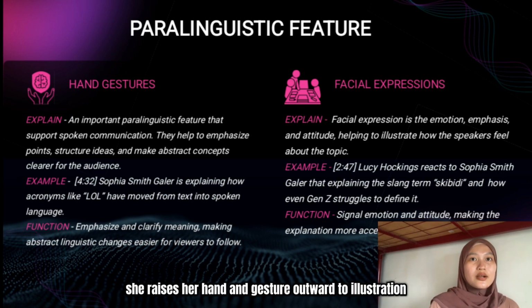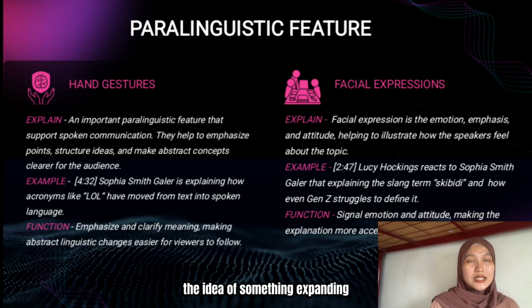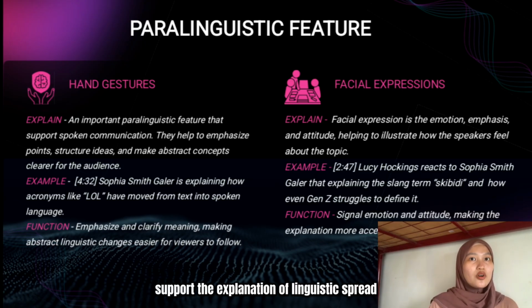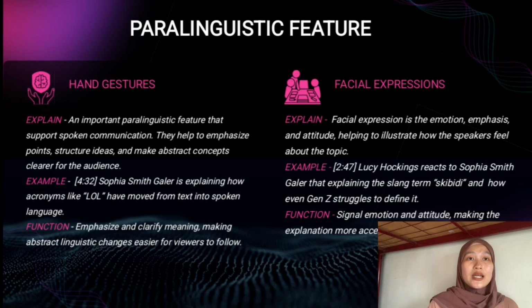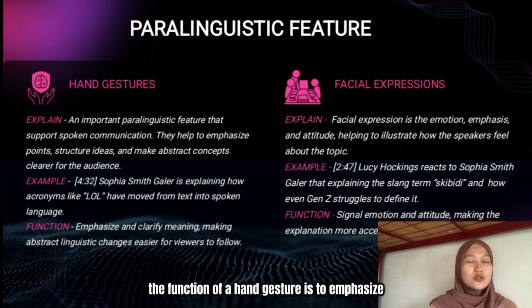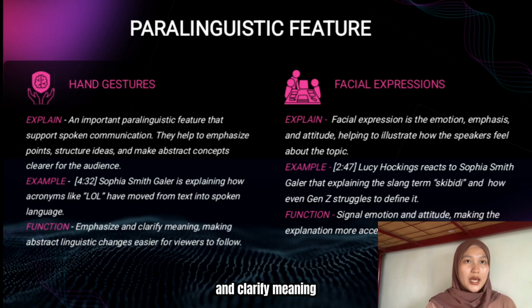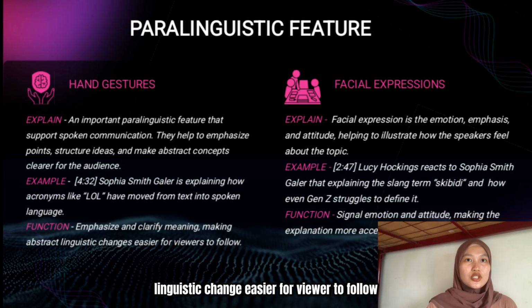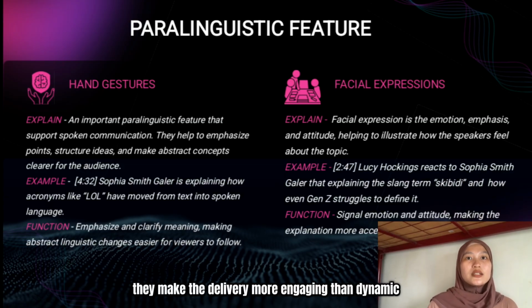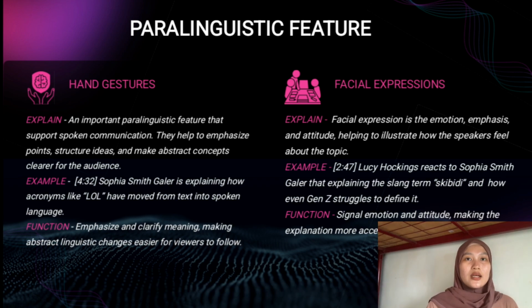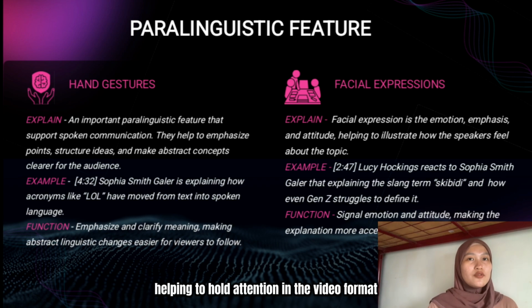She raises her hand and gestures outward to illustrate the idea of something expanding from digital space into everyday conversation. This gesture visually supports the explanation of linguistic spread. The function of a hand gesture is to emphasize and clarify meaning, making an abstract linguistic change easier for viewers to follow. It also makes the delivery more engaging and dynamic, helping to hold attention in the video format.